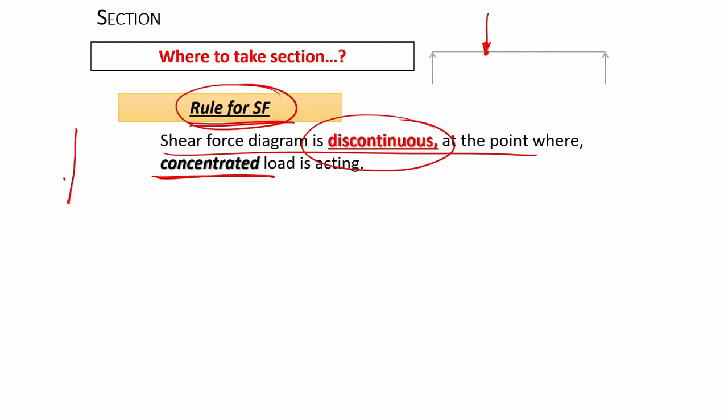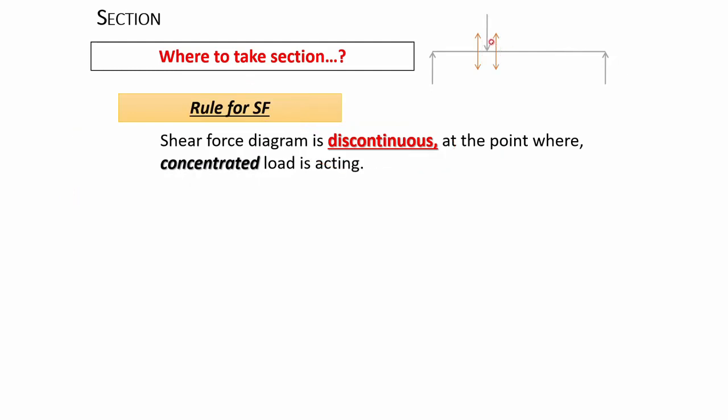Therefore, if you want to know shear force, you have to take two sections, one just left of the point load and another just right of the point load. Then you study the shear force diagram. This is a rule you have to follow.